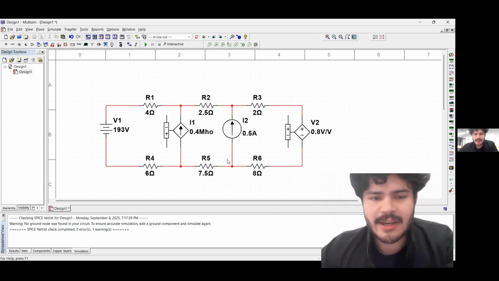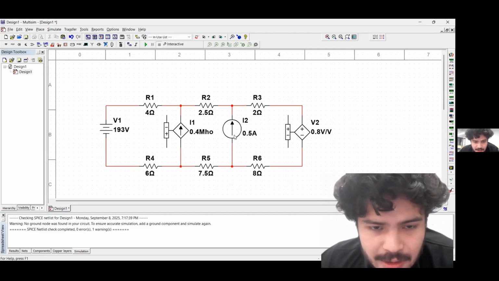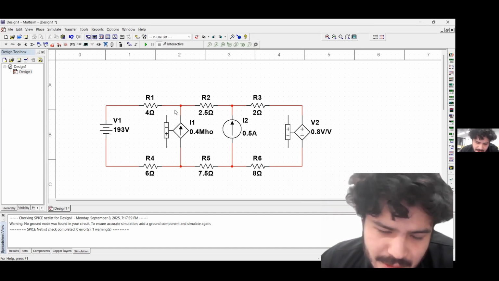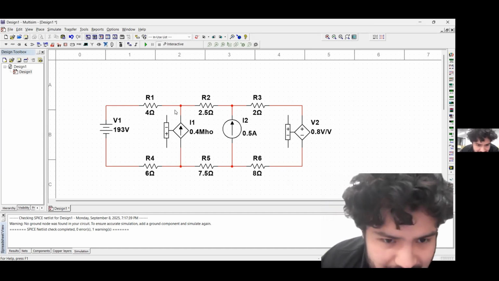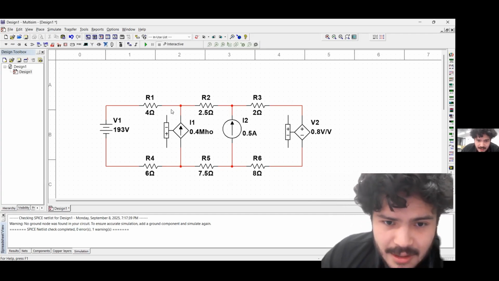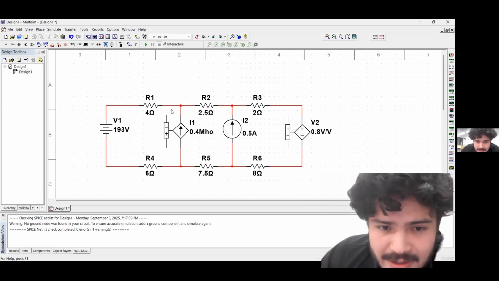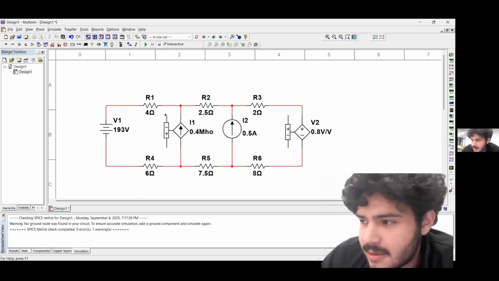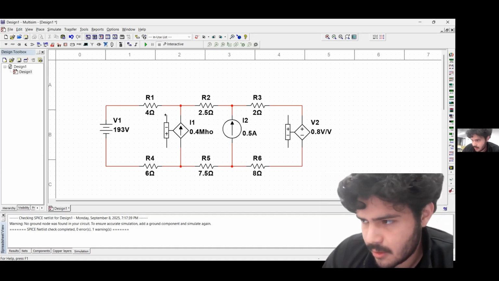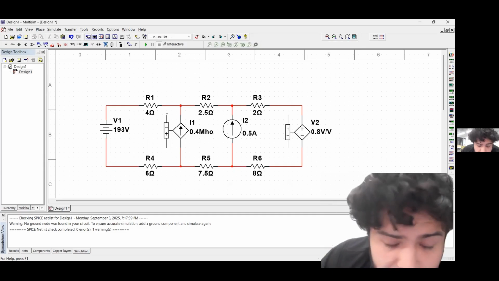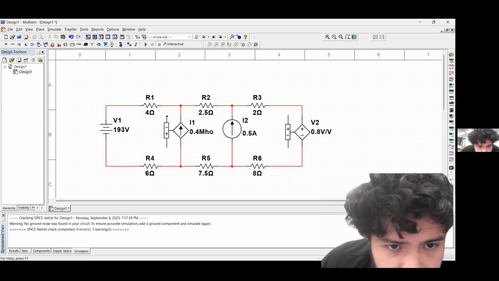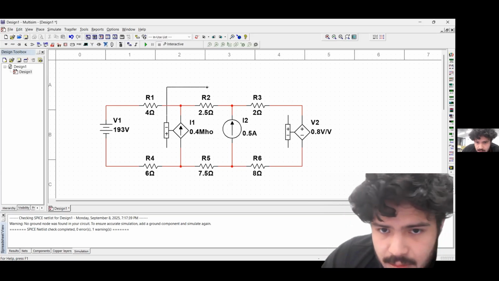And now we're going to connect our dependent sources to its respective dependent element and with the correct polarities. So first we're going to do it with this dependent current source, and we're going to connect it to this through the resistance 3, and this is going to be like this.